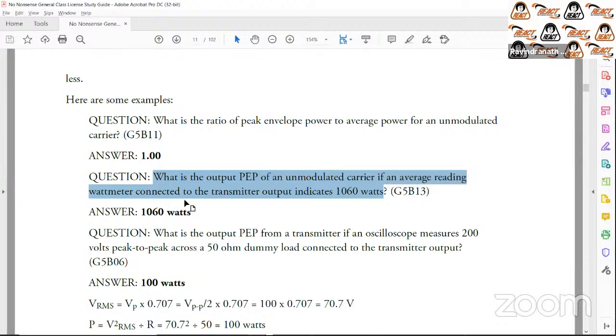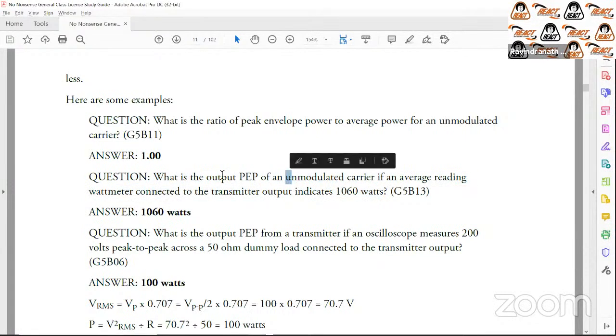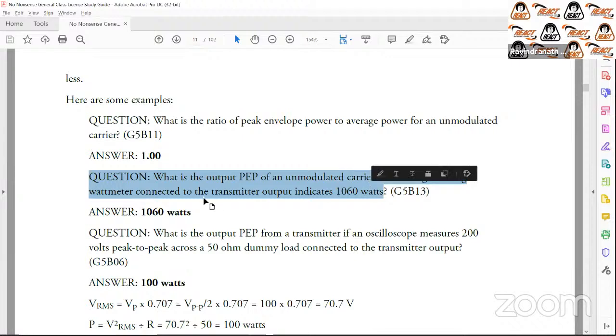And let's deal with the question. What is the output PEP, or peak envelope power, of an unmodulated carrier if an average reading wattmeter connected to the transmitter output indicates 1060 watts?